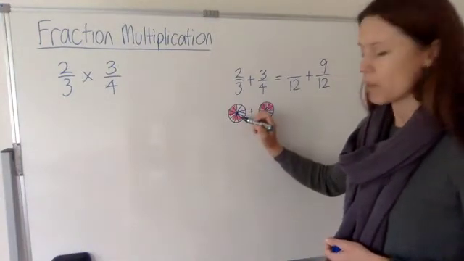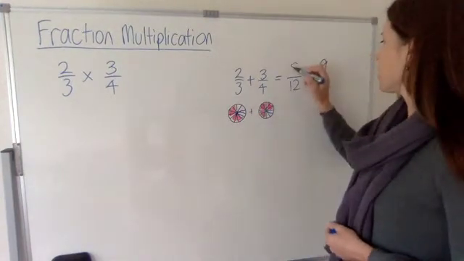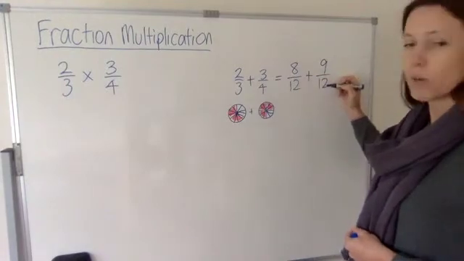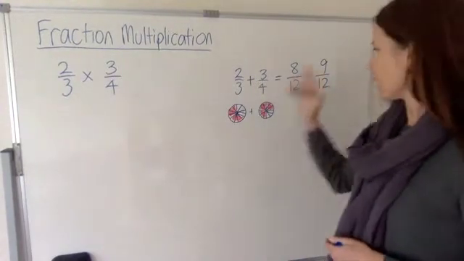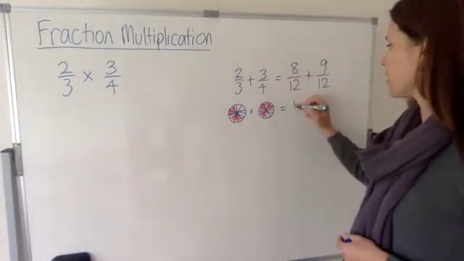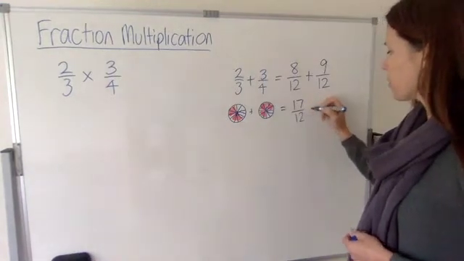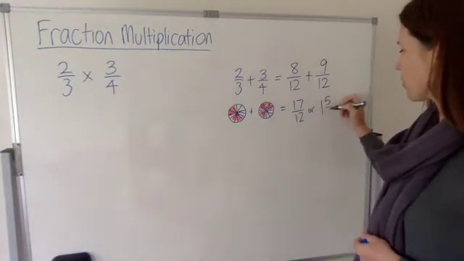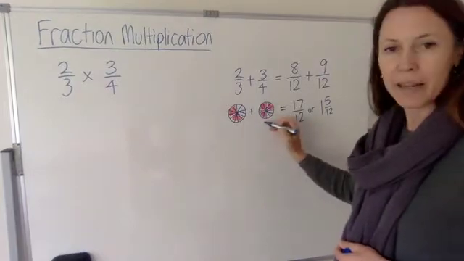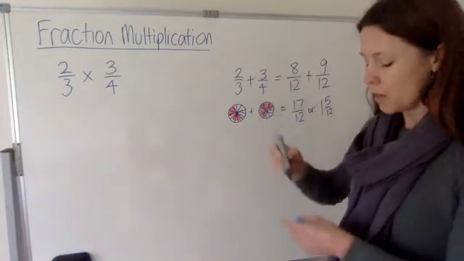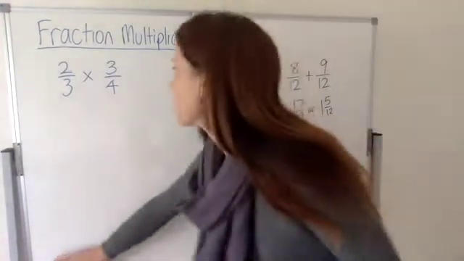And having 2/3 means having 8 out of 12. So we have 8/12 plus 9/12. Now they're in the same currency. They can speak to each other, and we know that we've got 17/12, which you could always convert to 1 5/12.